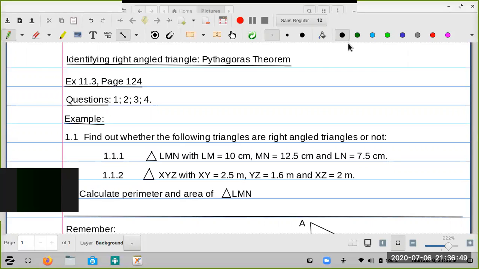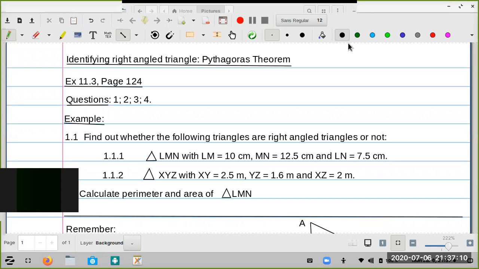However, we can use this idea to identify those triangles that are not right-angled triangles as well, right? But it's so good to use Pythagoras theorem, especially if we are given a right-angled triangle.